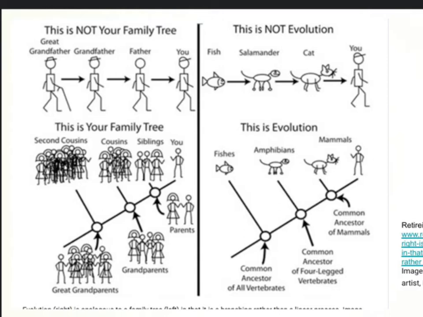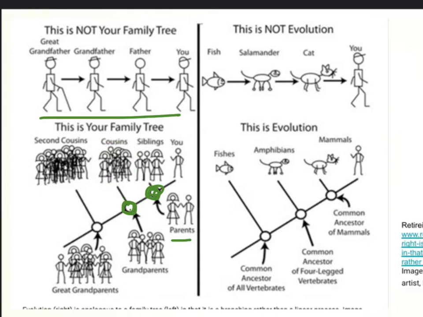So if we look at a family tree, it's not a straight line. Here's you. Your siblings branched off from you. You share a common ancestor, which is your parents. If you go back another generation to the grandparents, you share that common ancestor with your cousins.